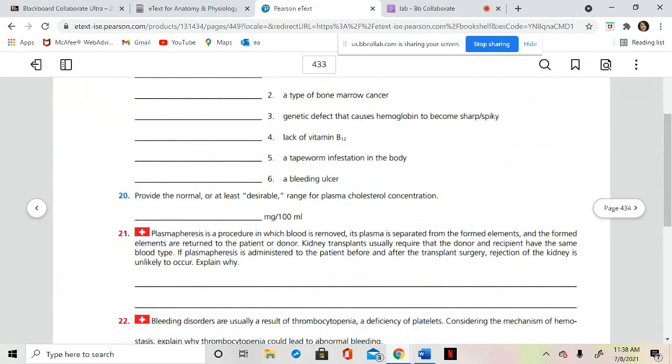The cholesterol is between 130 to 200 milligrams per milliliter, and, well, I don't want to talk a lot about cholesterol.